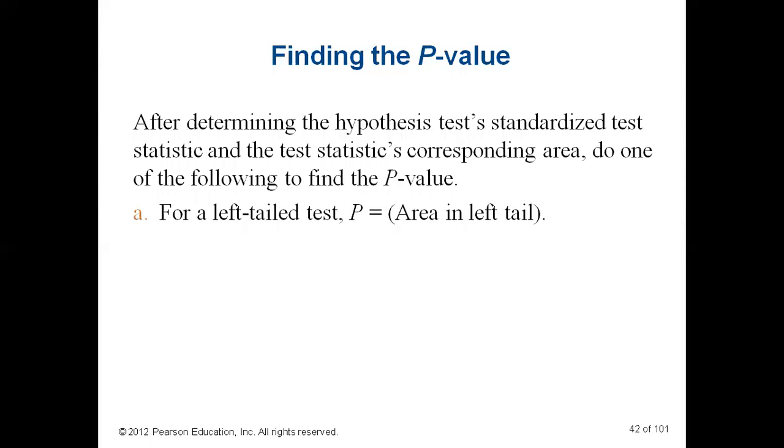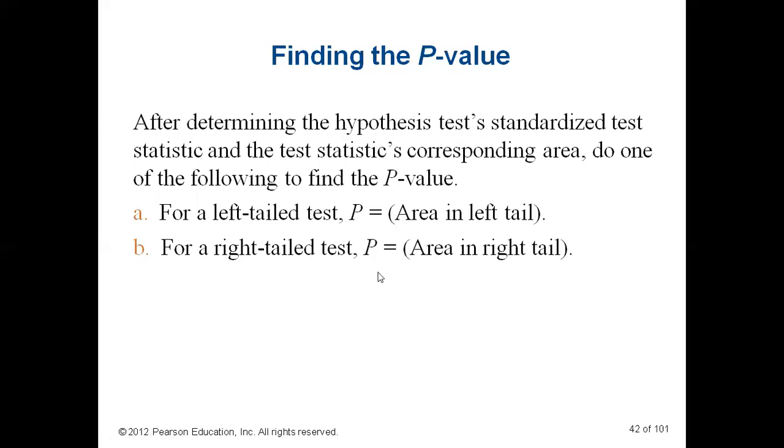Finding p value. After determining the hypothesis test, standardized test statistics and the corresponding area, do one of the following to find p value. For a left-tailed test, P equal to area in the left tail. For right-tailed test, P equal to area in right tail.